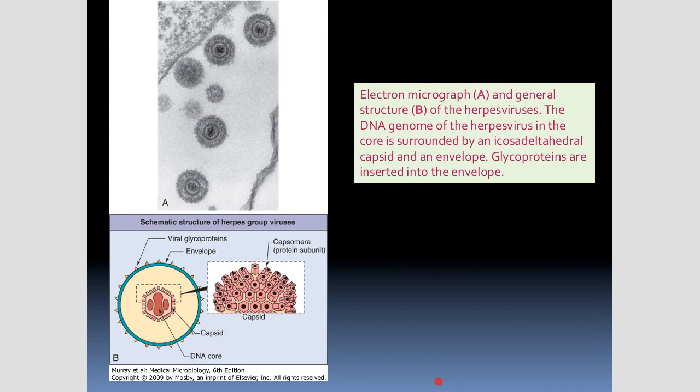All right. Now, if you look at the electron micrograph, this is a real-time electron micrograph. This is a cell, and you can see the cell is releasing these herpes viruses. You can see the DNA genome over there, and this icosahedral capsid, and the glycoproteins.